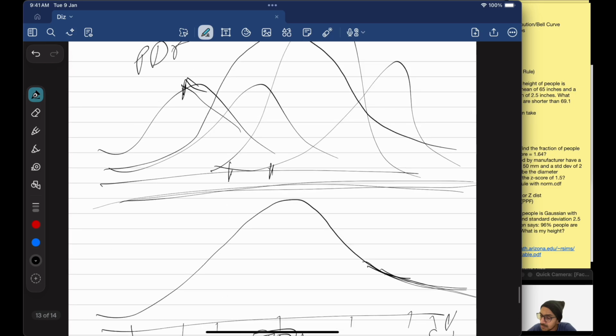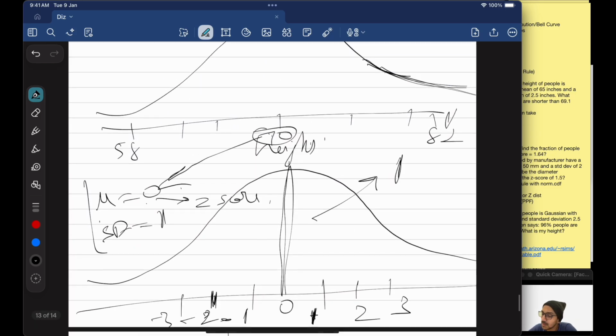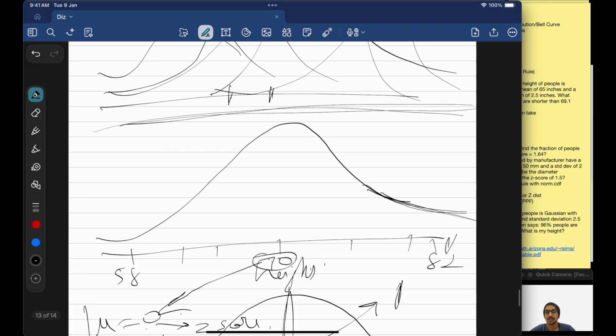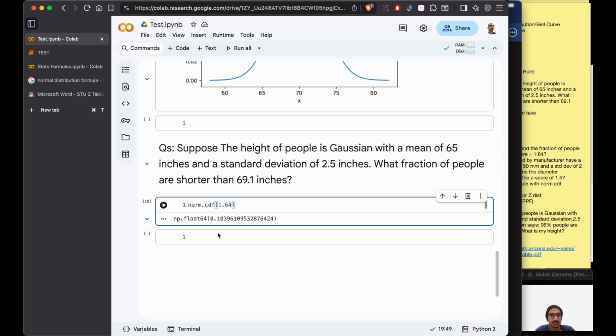Now to get the proportion, we have to use CDF because this is cumulative distribution. So the cumulative probabilities we will calculate to get the proportion, get the fraction. So we have to use CDF here, CDF of the z-score.